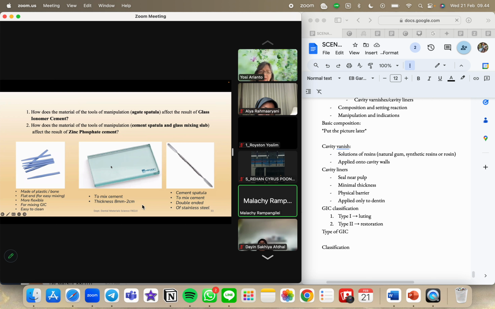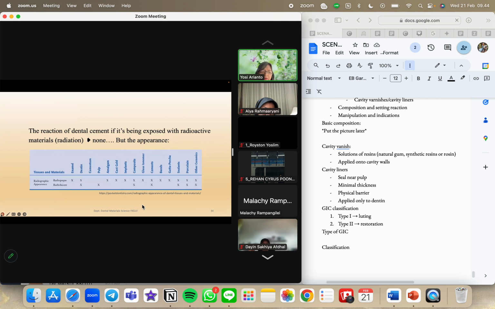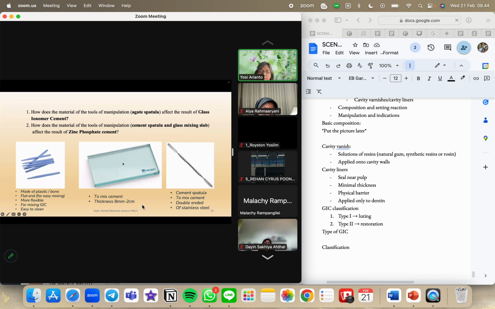Above this mixing slab, yeah, into the mixing slab, and it's made of stainless steel, double-ended like this one, and this is more and it is made of.